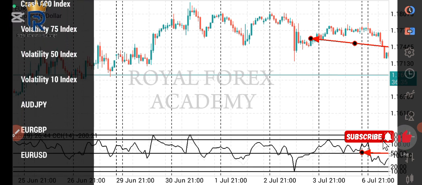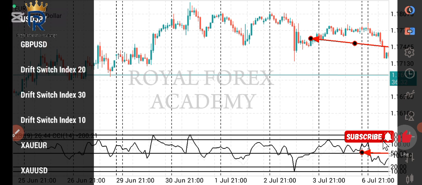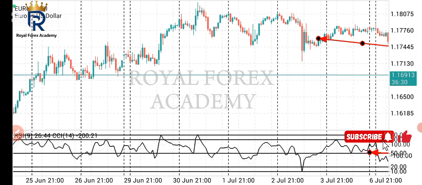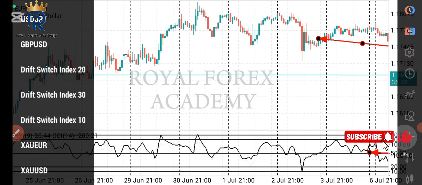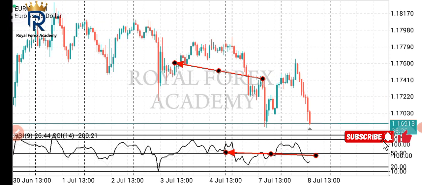You can trade volatility, you can trade boom and crash, you can trade currency pairs. You have so many assets to trade on. So you don't need to limit yourself to a particular pair, right? So if you don't have a clear price direction, a clear trend on a particular pair, you look for another pair that will make things very clear for you.